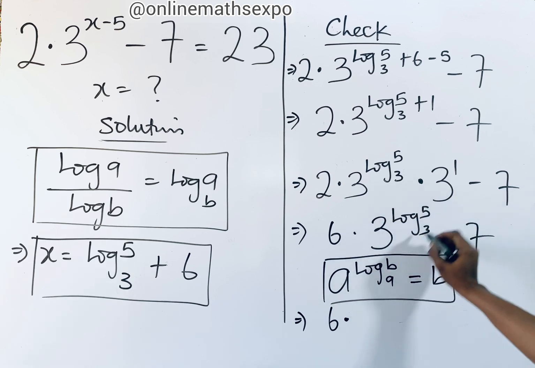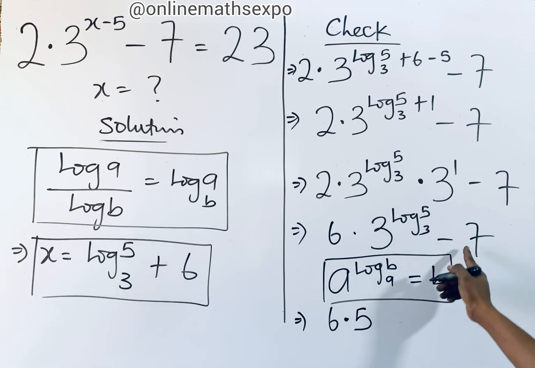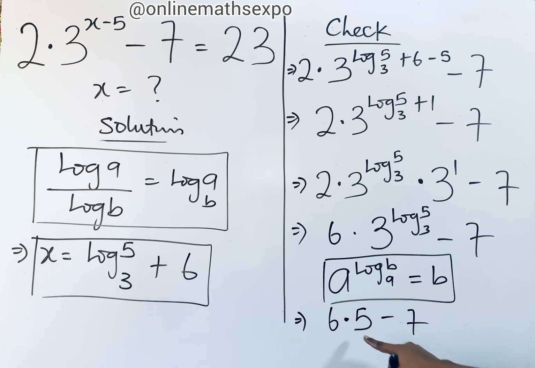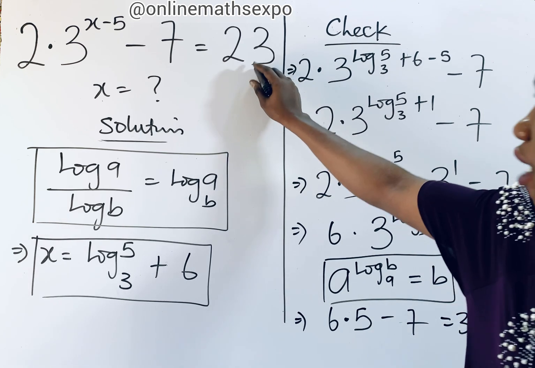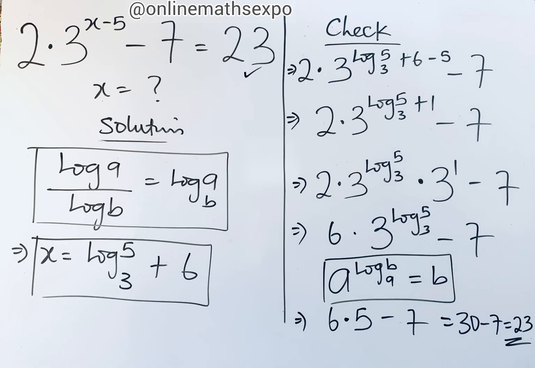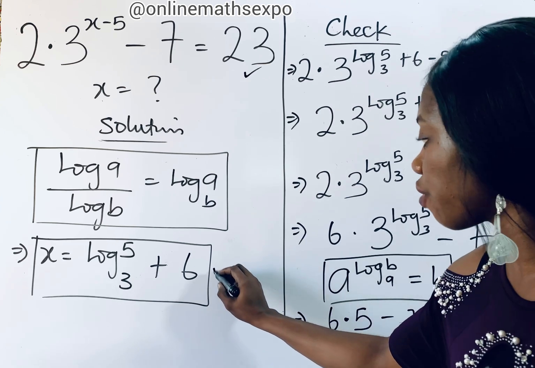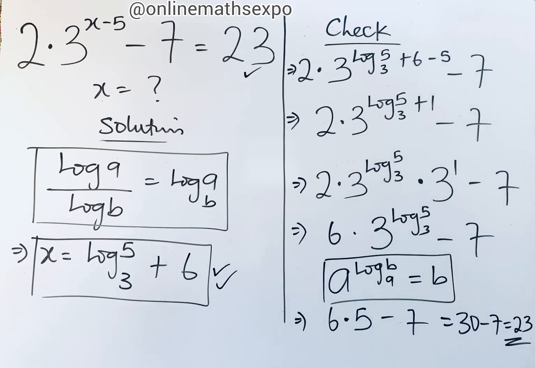So the whole of this will give us 5, okay? Then minus 7. And when you multiply 6 by 5, it gives you 30. And 30 minus 7 gives you 23. And that is what we have at the right side. So what it means is that this value of x is correct.